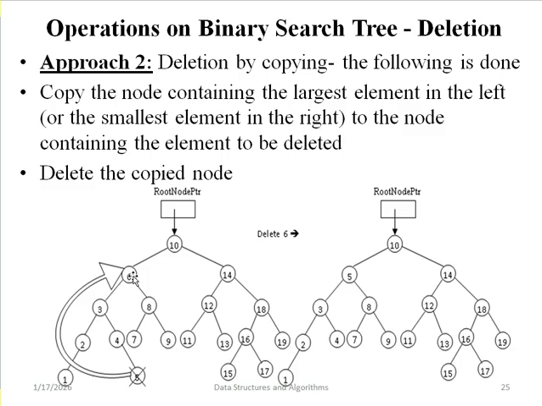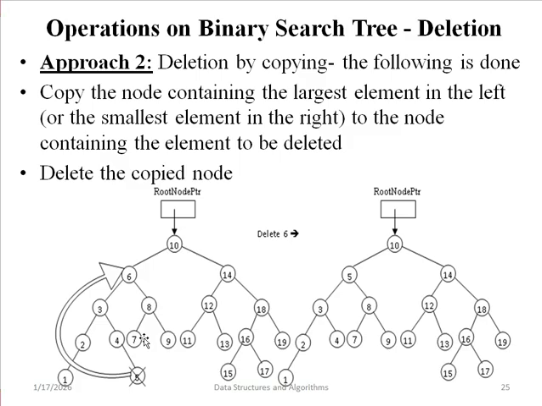For example, on the left of 6 the largest element is 5, so 5 will be copied to 6, and we can remove node 5 this way. Or if we are looking from the right wing, we should look for the smallest. For this one, the smallest is 7, which will be copied to 6, and we can remove 7.